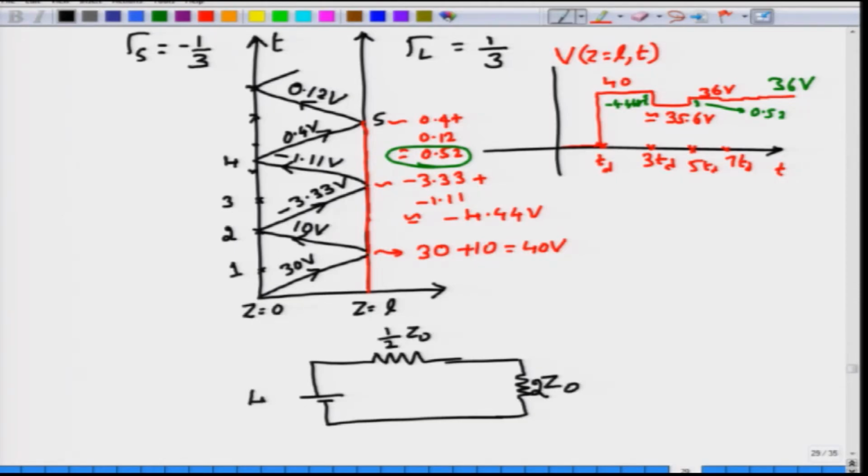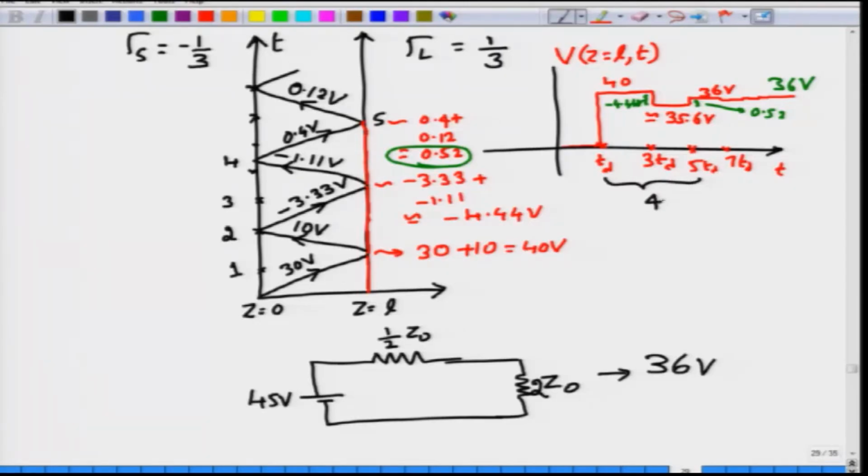With 45 volt applied, the source impedance being half Z0 and the load impedance being 2 Z0, you can clearly show that this voltage is going to be about 36 volt, which is what your lattice diagram is telling you.